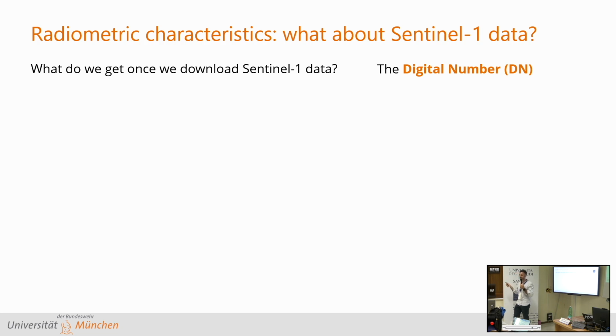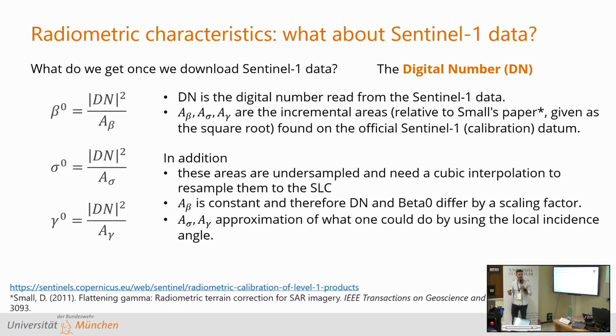So this is what SAR is measuring. And the beta is basically the same thing. It's just that we normalize for a given area, which is basically the resolution cell of the SAR: the slant range resolution multiplied by the azimuth resolution. Digital number and beta look exactly the same. It's just a scaling factor. So again, it's just a matter of understanding what you download from those data.